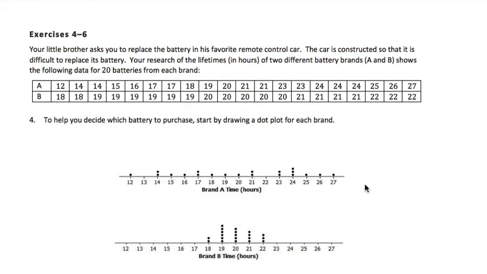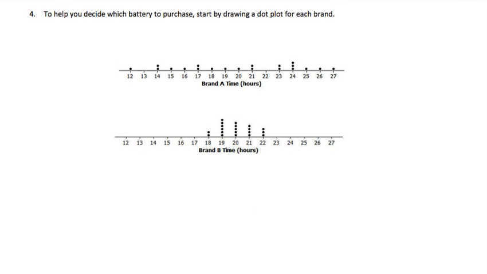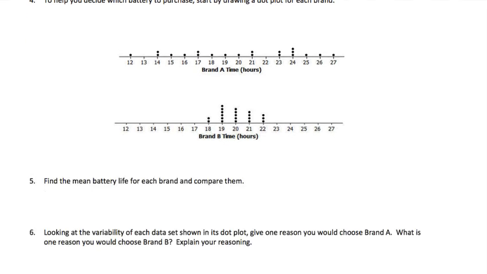To help you decide which battery to purchase, start by drawing a dot plot for each brand. And you can see in our dot plot the brand A has a lot of variability in the length that each battery has its life, where brand B is quite dependable, 18 to 22 hours for each one. Next, we're asked to find the mean battery life for each brand and compare them.